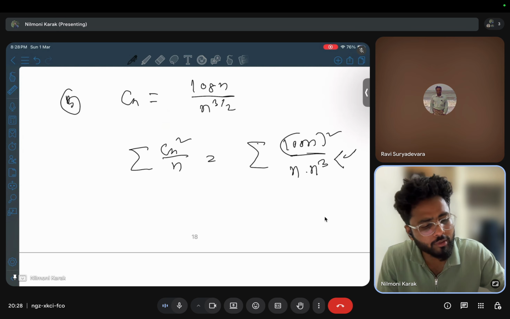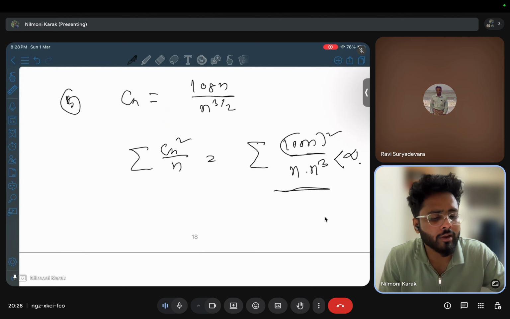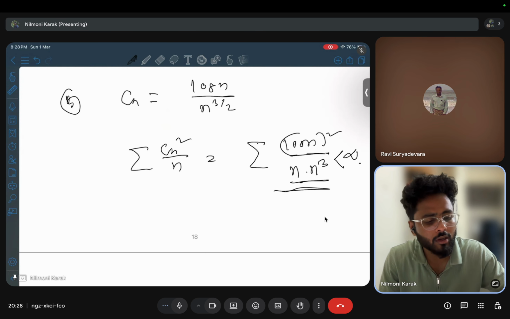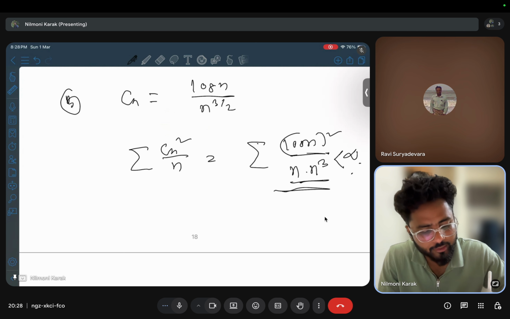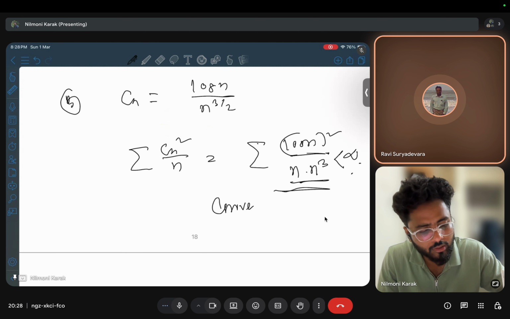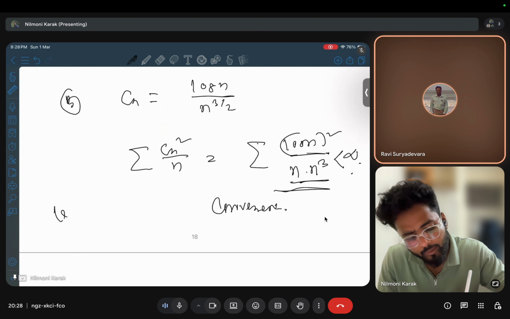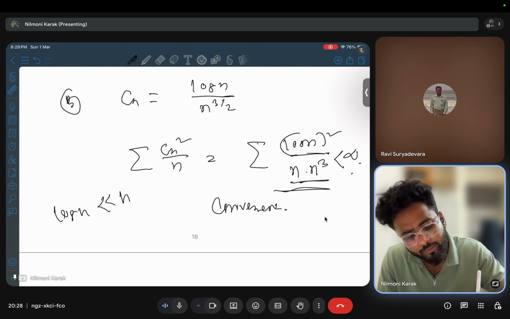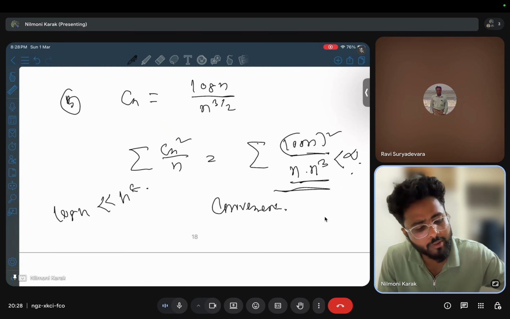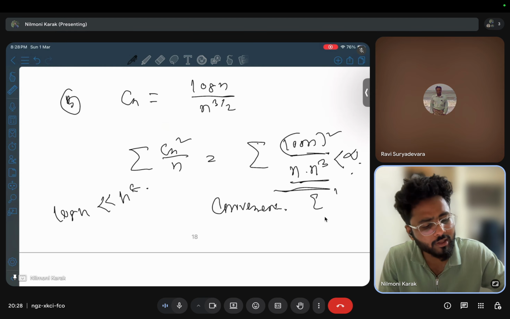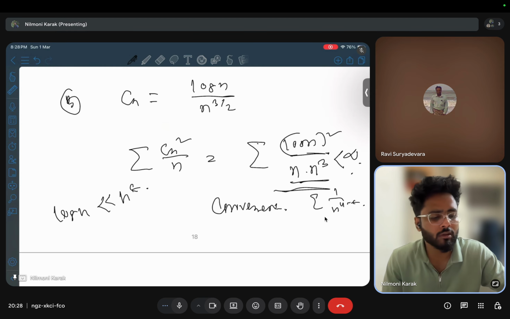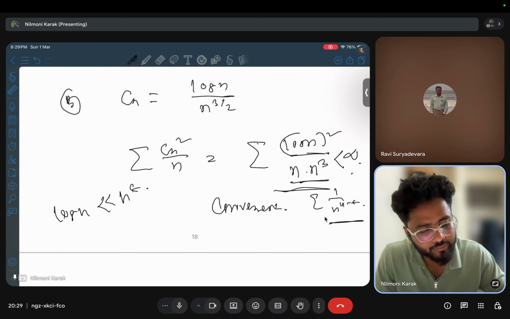So this is absolutely convergent because log n you can bound by epsilon n to the power epsilon, and this is n to the power 4. So this is bigger. Okay, so this is convergent. No problem. So log n you can bound by n to the power epsilon, so this is 1 by n to the power 4. So this sum is basically 1 by n to the power 4 minus epsilon, so this is convergent.